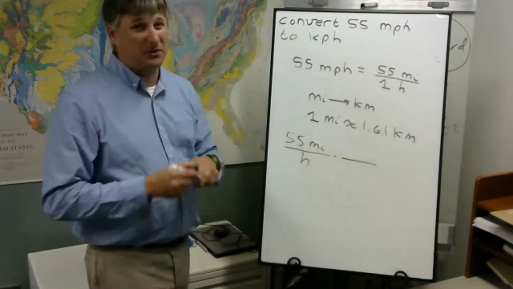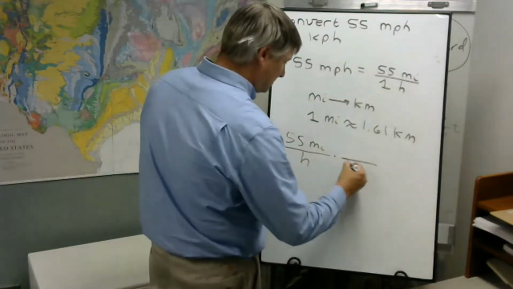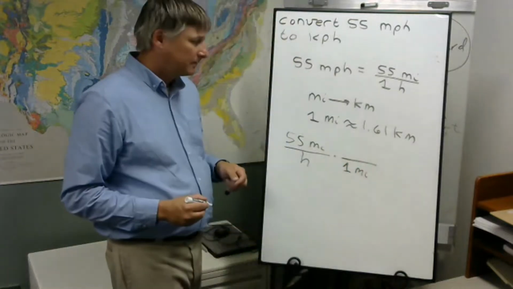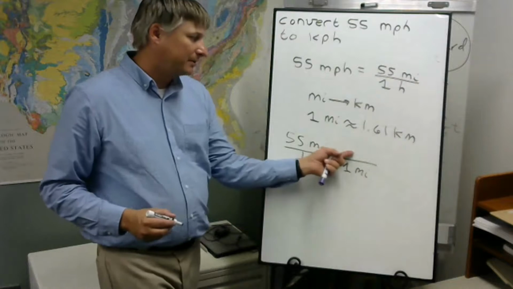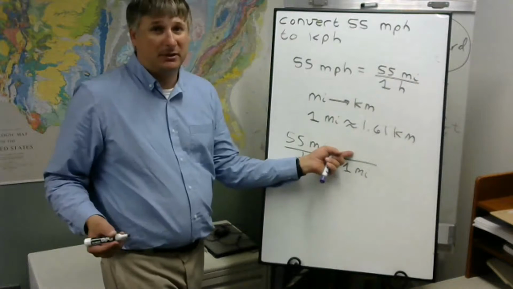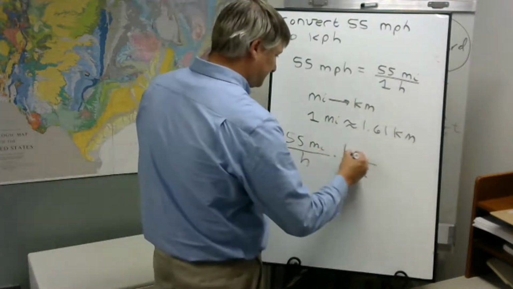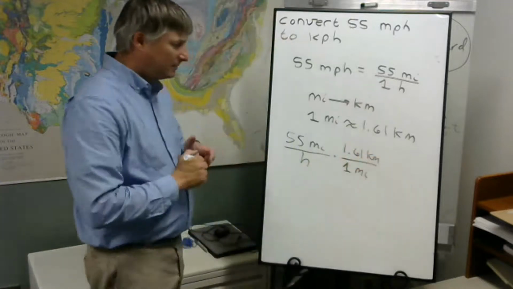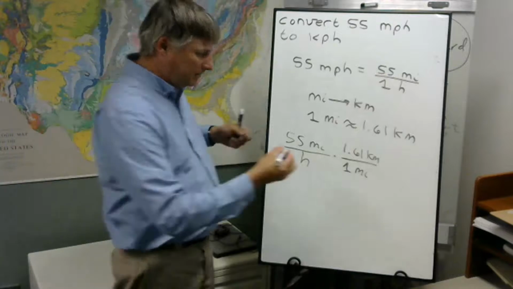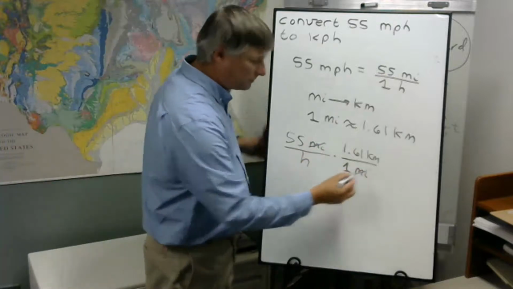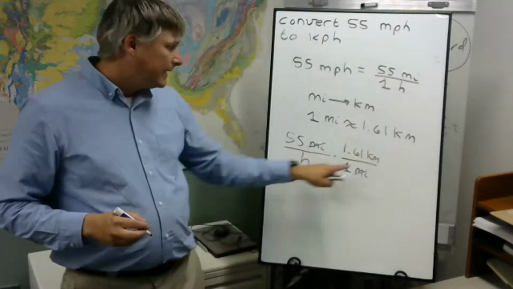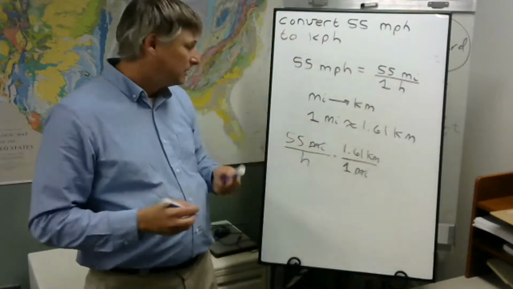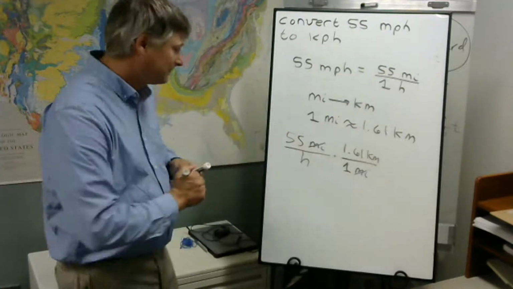So that forces us to say miles has to go here. And that means the kilometers, that's the only place the kilometers could go. And then take a look. The miles will cancel, which is what we want. And the kilometers remain, which is what we want. So we're done. We did it.